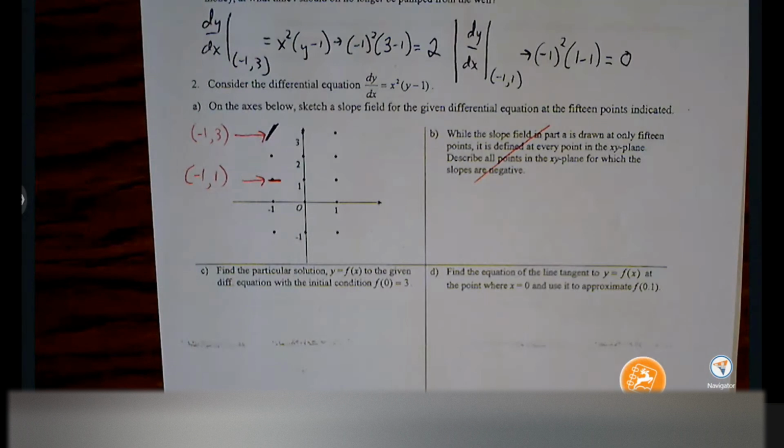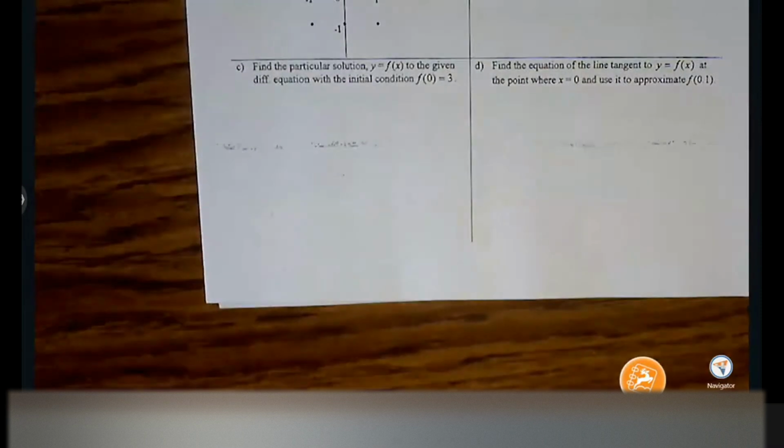I'll put this on a separate sheet so we can have enough room to work. Part C, find the particular solution given the condition, ordered pair (0, 3). Let me rewrite the equation here.